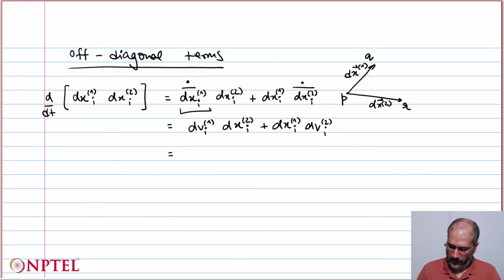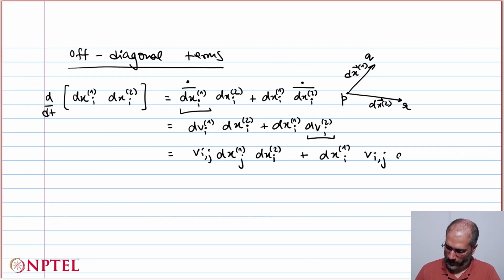And with the definition of the velocity gradient tensor, this becomes vi comma j times dx1j times dx2i plus we have a dx1i, and this dv2i becomes vi comma j times dx2j.